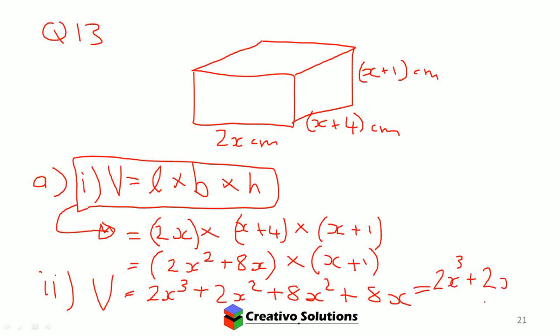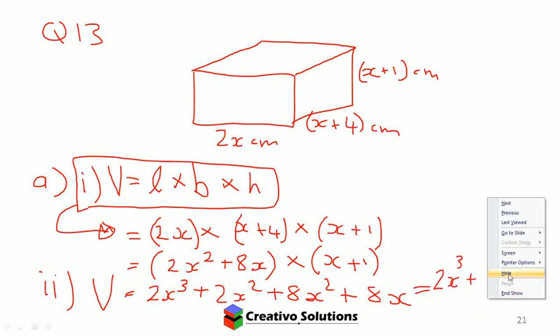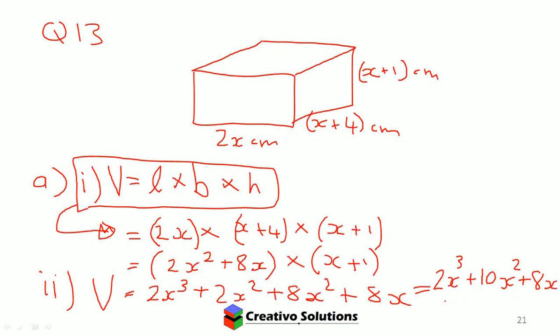So 2 plus 8 is 10, so we need to rub that out. That needs to be a 10x squared, and plus 8x, and that would be the simplest.